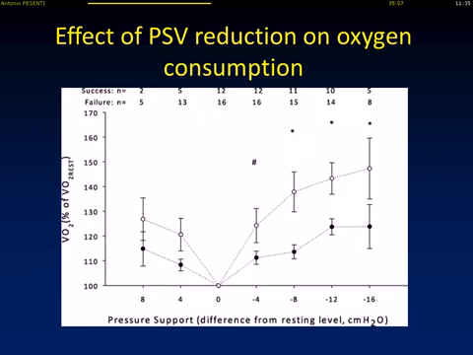Once again, successful patients start from a lower oxygen consumption, but they are able to increase it very much, as needed, while failing patients start from a higher level and are not able to increase it any sizable amount.